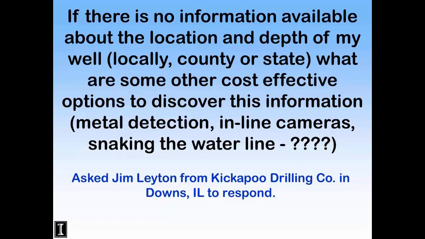So I contacted Jim Layton, who's with Kickapoo Drilling, which is in Downs. It's about 30 miles from here. He's someone who's drilled for a long time and has been very active in state issues.